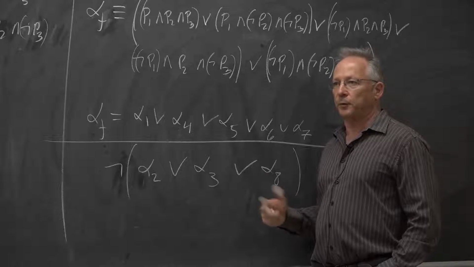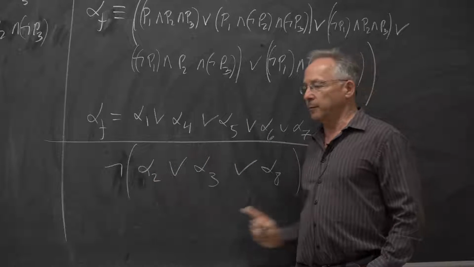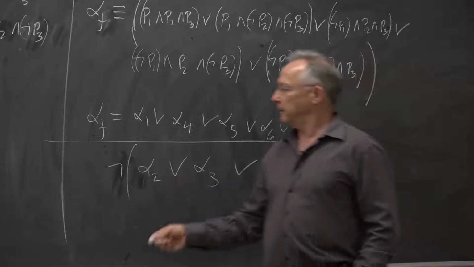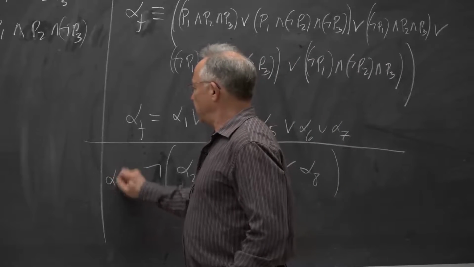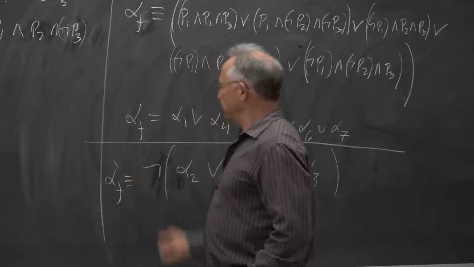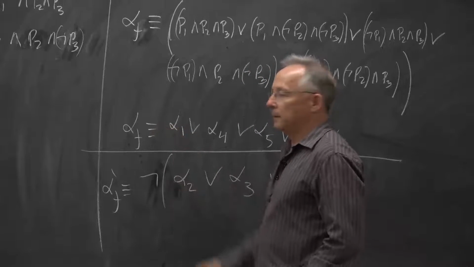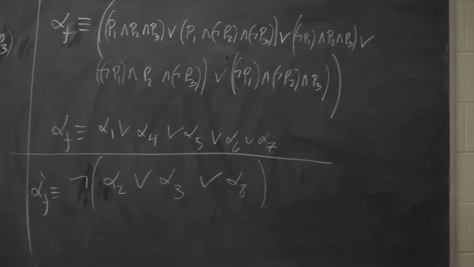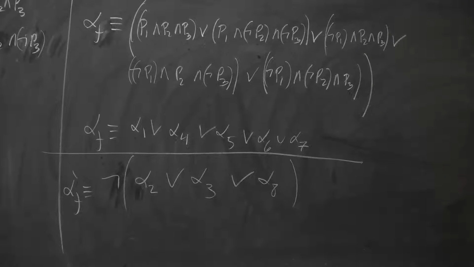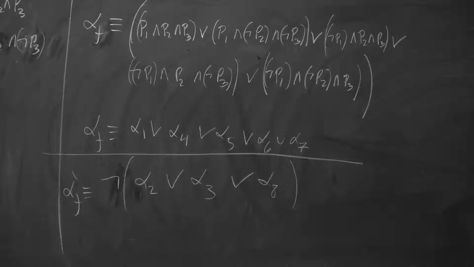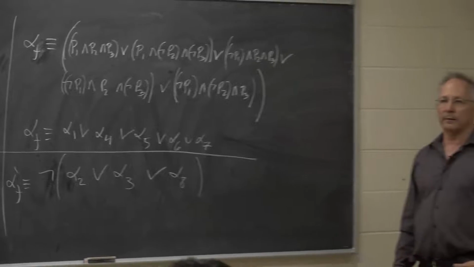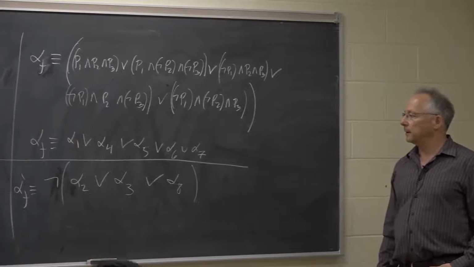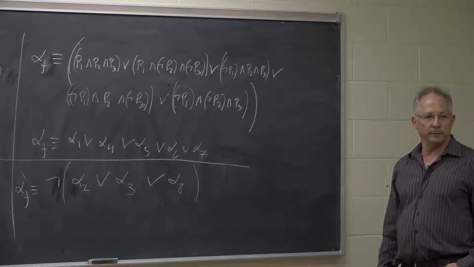If none of them gets true, I'm in the other rows, and then this will be false, and that will be true. So this is another, call it alpha prime of f. It's a different formula that also expresses the same truth functional. But in any case, we see that all we need is the ands, ors and the not.